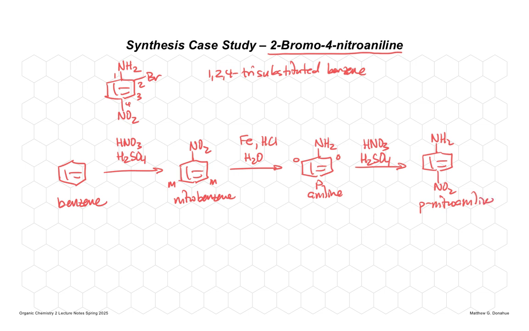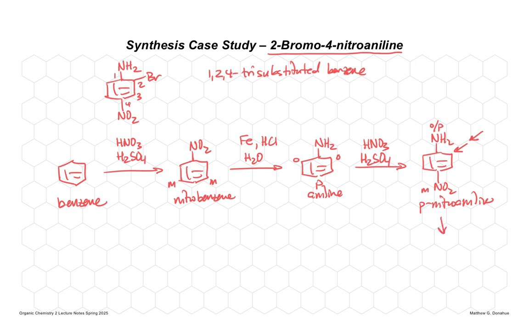And so these directing groups, we'll just make a note. This is ortho-para, this is meta, and then just draw these arrows. So for the amino group, the para position is blocked, so now it has to go ortho. It's going to direct there. The nitro group is a meta-director, so it's going to reinforce that directing group ability, and that's exactly what we want.